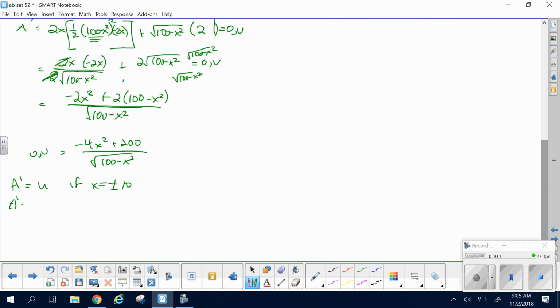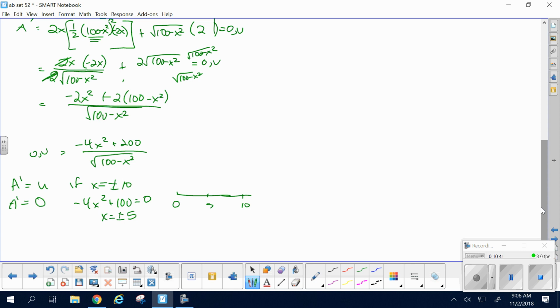The other possibility is a critical number because the derivative is 0, which would imply the top is 0. A fraction's only 0 if the top is 0, and that is at plus or minus 5, so we will just go with 5, all right? If that's truly a max, the derivative should go positive to negative there.